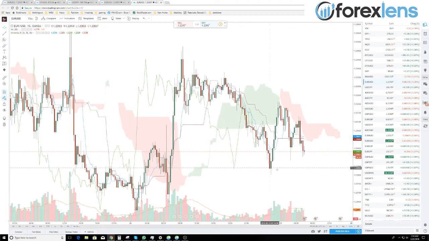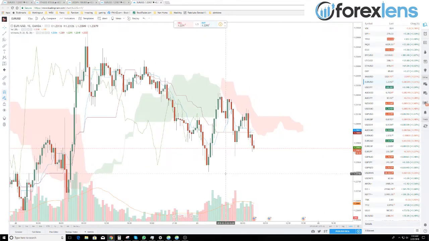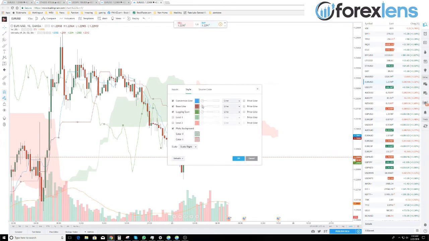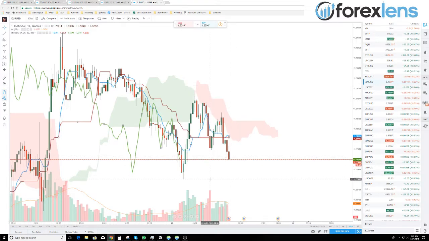Now you know how much I hate moving averages, and I do. But if we look at these levels, we see this thin blue line. Let me make them thicker. The thin blue line is a 9-period midpoint average, and the red is a 26-period midpoint average.